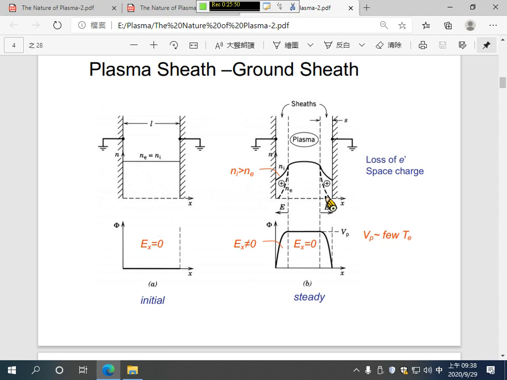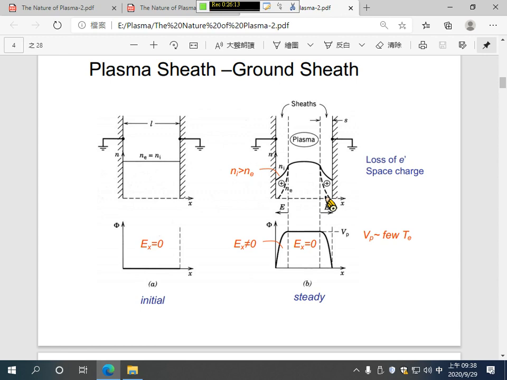But since the velocity of electron is much higher than the velocity of ion, the electron flux, the loss of the electron, is much higher than the loss of ion. So in this region, we can find out the density of electron becomes smaller than the density of ion.